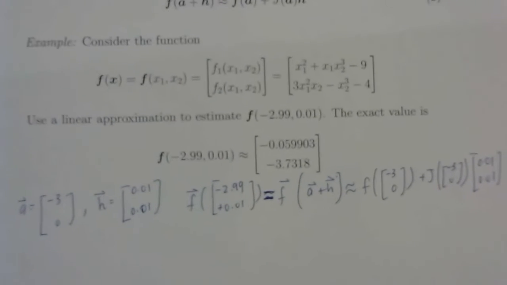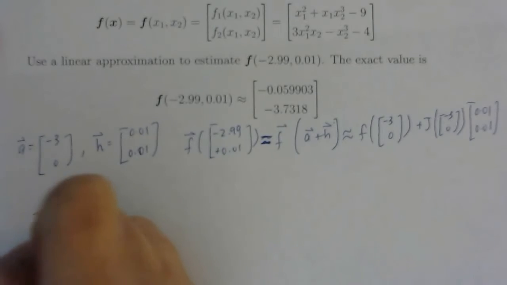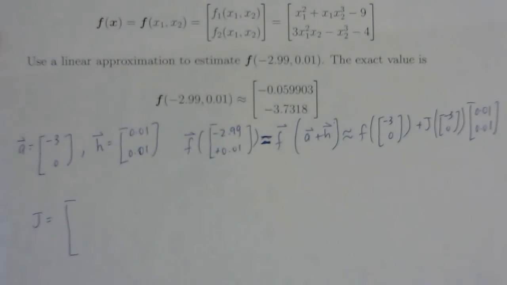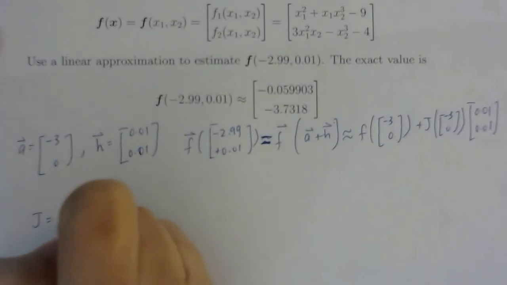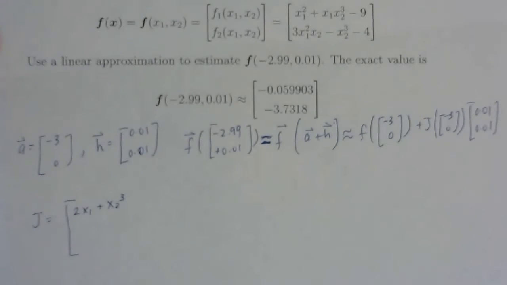Whoops, just off screen. Okay, great. So all we need to do is find the Jacobian and plug in. So the Jacobian, let's see, the partial of f1 with respect to x1, 2x1 plus x2 cubed.